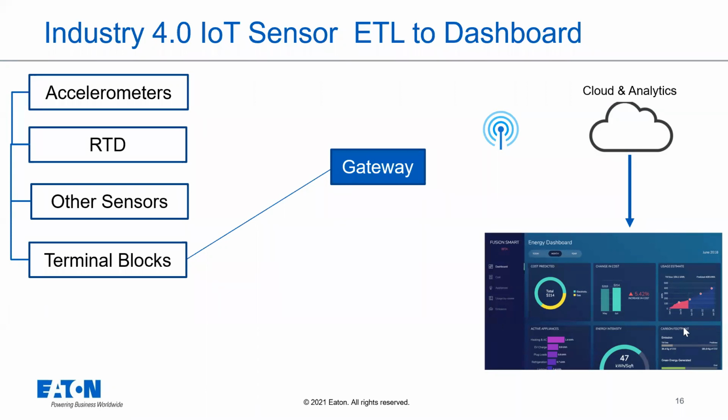So to summarize, within this gateway, you have three things happening. You have extraction, you have transformation, and you have loading. And that pretty much takes the place of the PLC, or let's just say the RTU. It takes the place of the RTU, and it takes the place of the industrial PC, and it takes the place of the router.